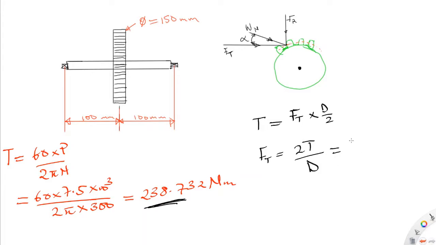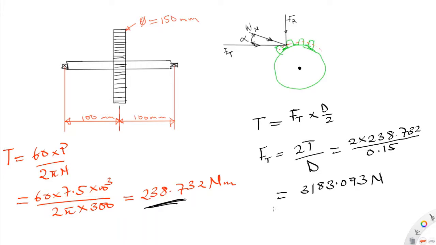So we have 2 times 238.732 divided by the d, 0.15, and if we compute that, we'll get Ft to be equal to 3,183.093 newtons.